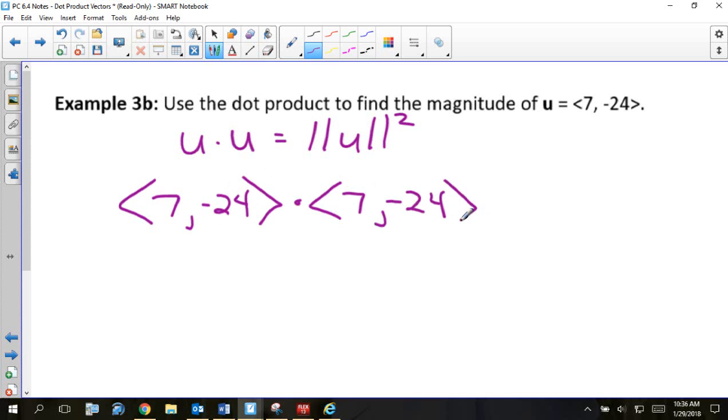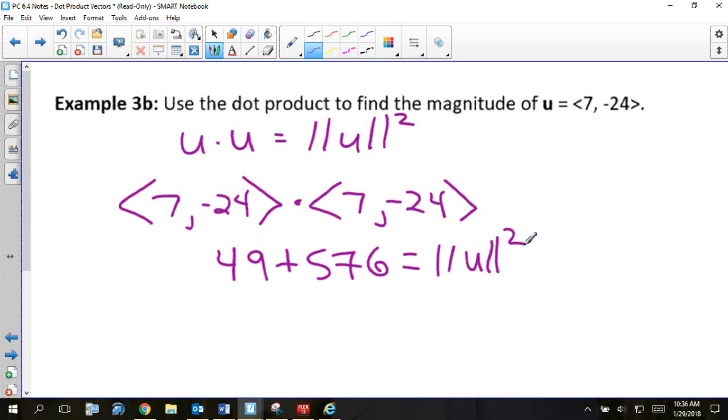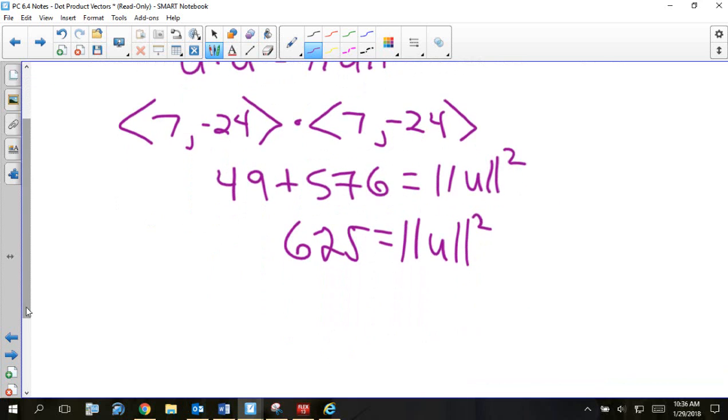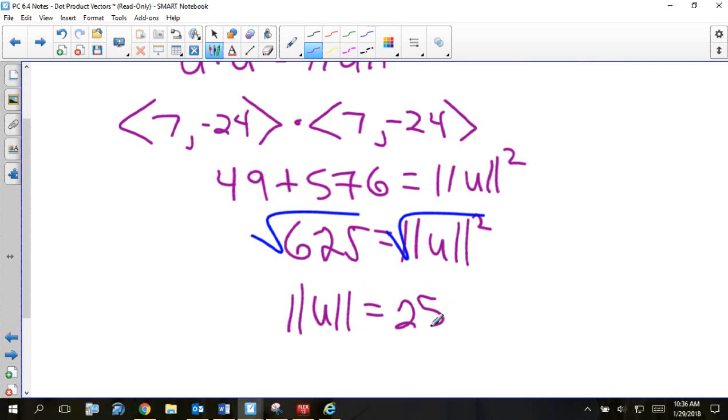So 7 times 7 is 49, plus 24 times 24 is 576. That's going to equal the magnitude of u squared. So 625 is equal to the magnitude of u squared. So how do I find the magnitude? Square root both sides.